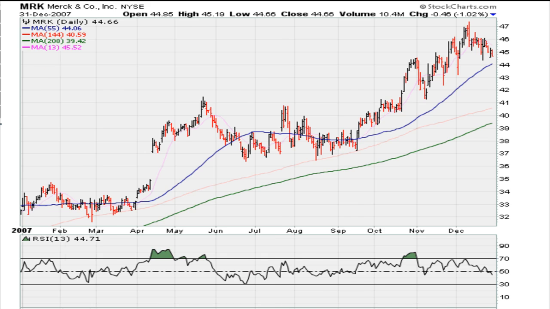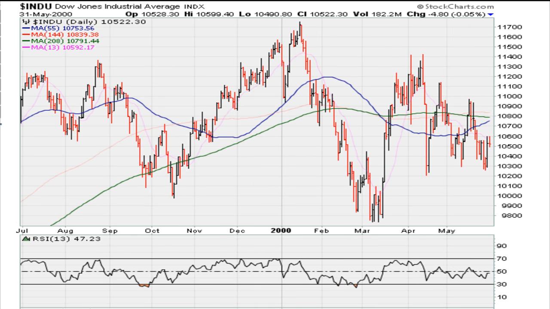Let's take a look now at 2000, coming into 2000, to see how the market was looking in 2000, so we can explain the RSI negative or positive divergence.